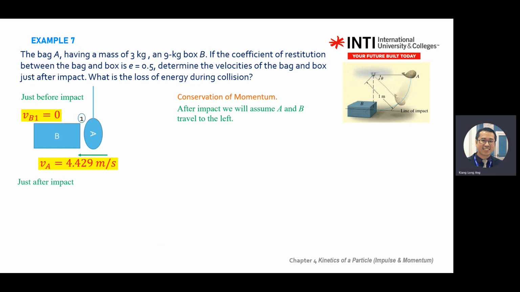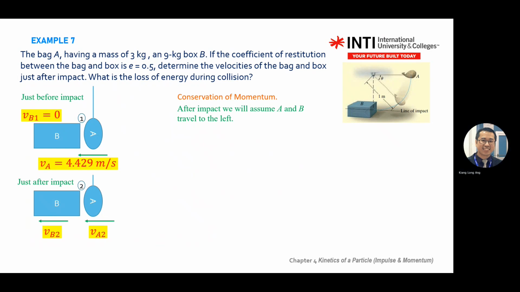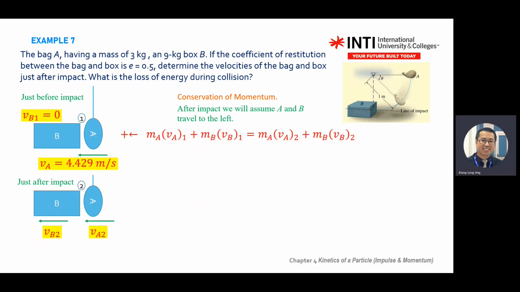So we have a stationary body and a moving body. Normally, you follow the motion. So in this case, we assume that when A and B hit together, they move to the left. Just after impact, A will move, B will also move. So we still use conservation of momentum. Why?